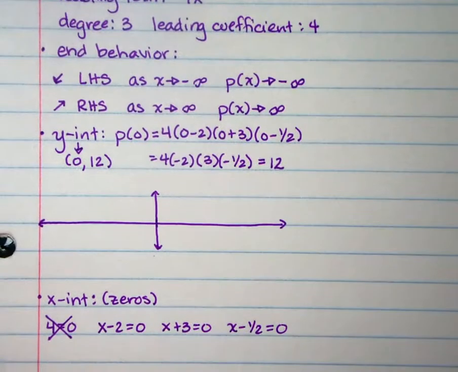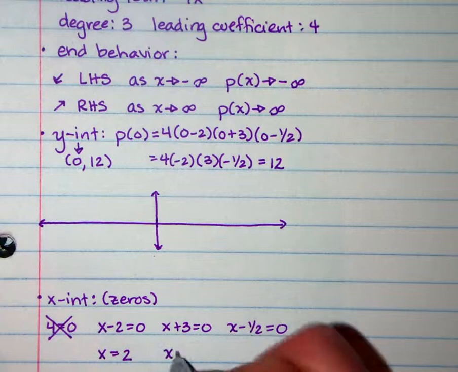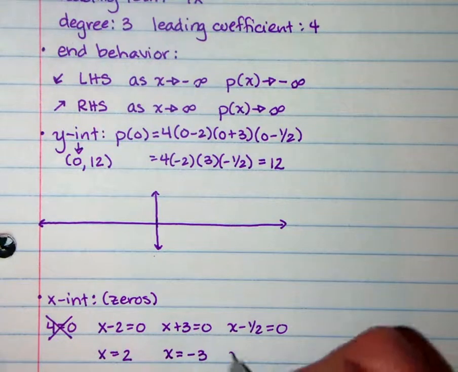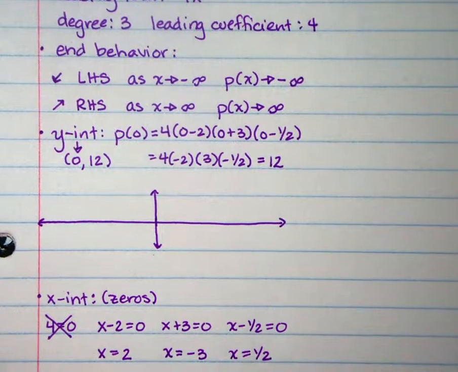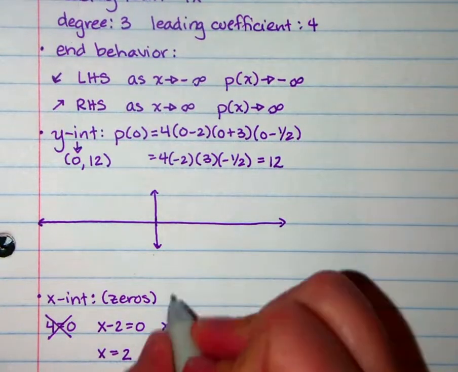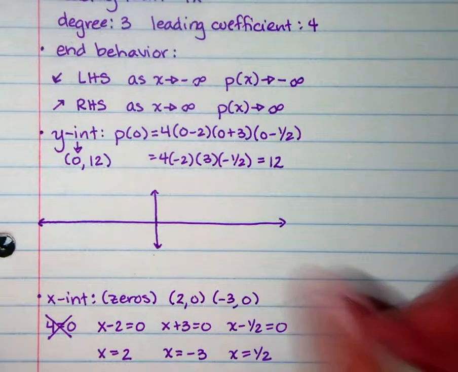Right. So right now what I have is I have x equals 2, negative 3, and positive 1/2. And so these are actually my x-intercepts. And if I write those as ordered pairs, I get the coordinates 2, 0, negative 3, 0, and 1/2, 0.